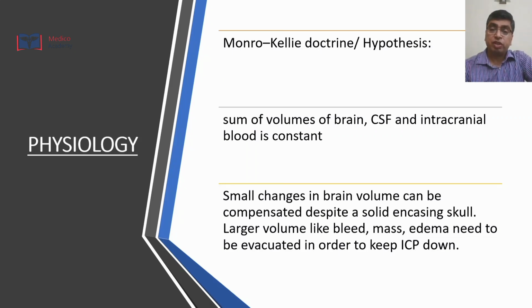Small volumes can be compensated in the brain, but as you know, the skull is a fixed space. So any increase in any of these components in the form of bleed, mass, or edema has to be operated upon to keep the ICP down.